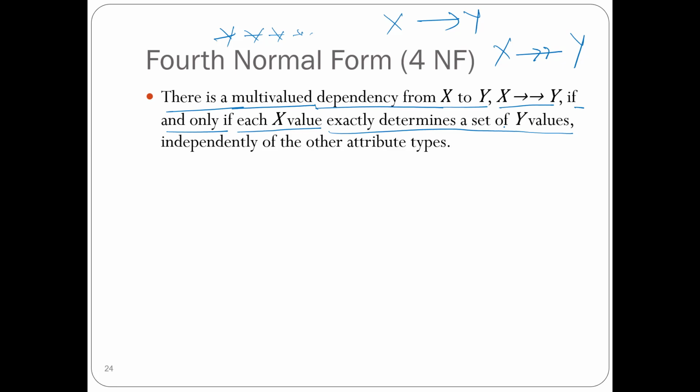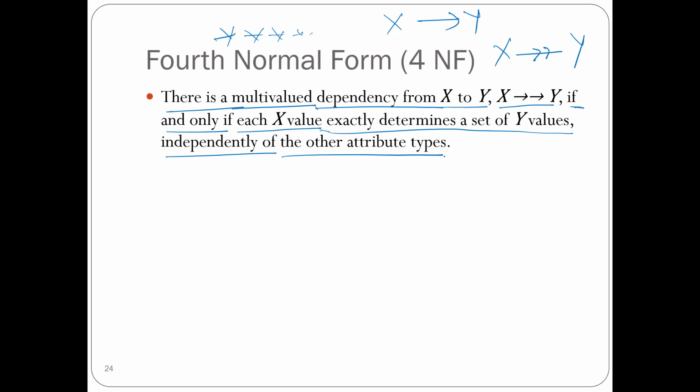If you know X, then you'll know the multiple values, or the set of values, determined by X. I should not have used the word imply, because imply has other mathematical notions. But anyway, there is a multi-valued dependency from X to Y, written as X double arrow Y, if and only if each X value exactly determines the set of Y values independently of any other attribute types.